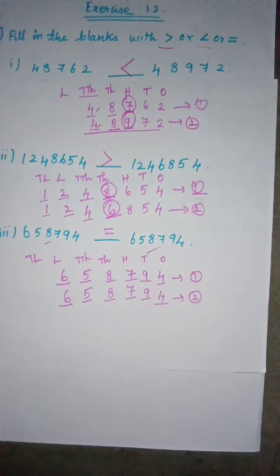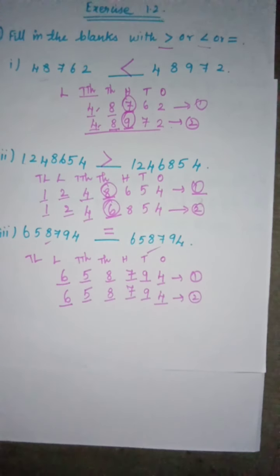Then apart from that, we have seen exercise 1.2, that is, first some fill in the blanks. In the fill in the blanks we have already learned to compare the numbers in larger numbers. If they have given a larger number, first we have to draw the place value chart, and after that we have to take the two numbers and fill them in the chart. Then you have to compare the place value.